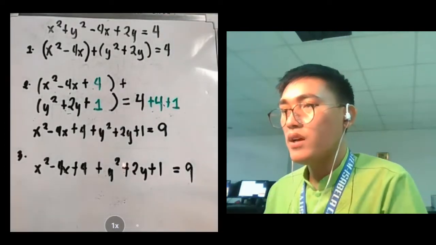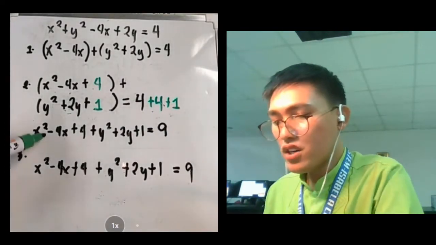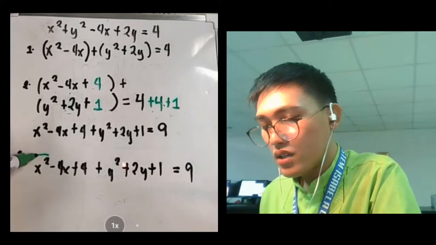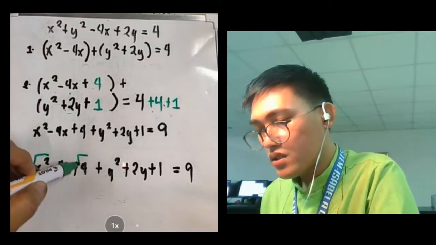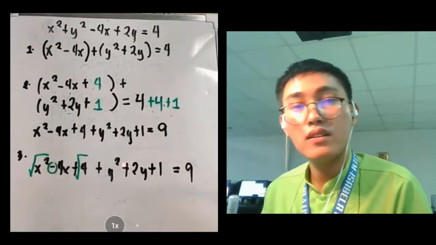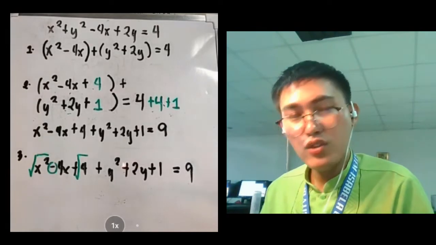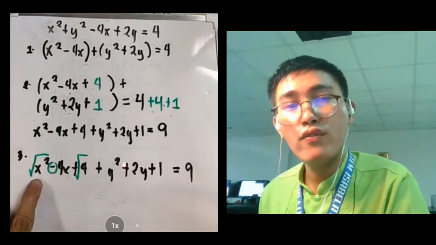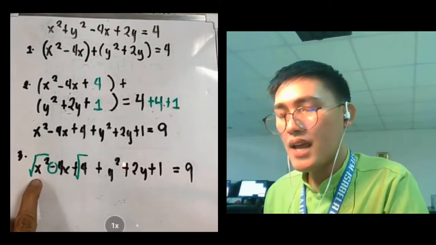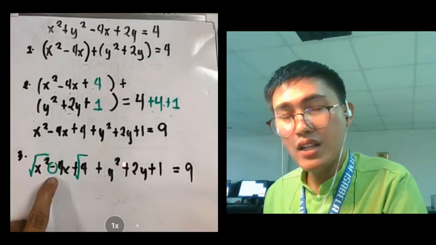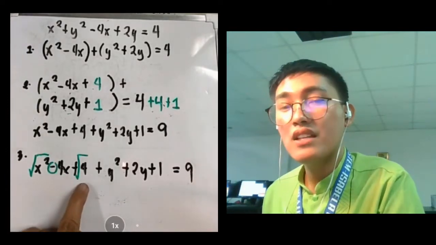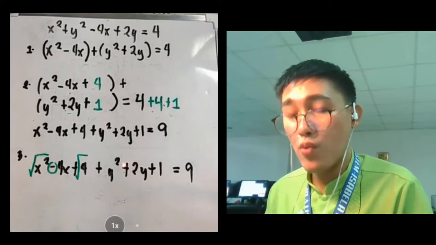Sir, what's the shortcut? The shortcut that I taught you was this one, and that one. So what do I mean here? Take the square root of the first term, then copy the sign in the middle, then take the square root of the last term and square the result.